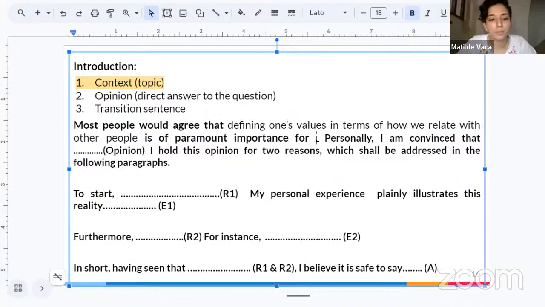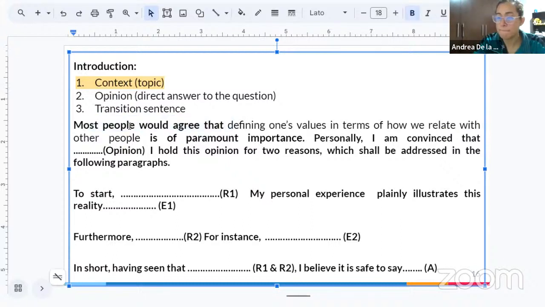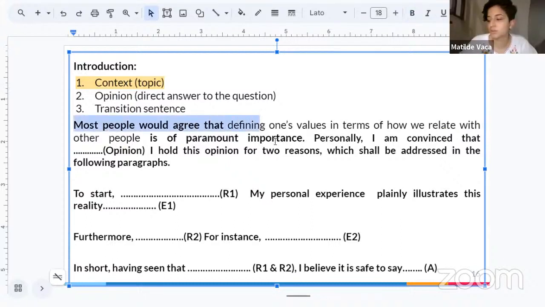Maybe just so we could leave this first sentence in a general way, but also could we go directly to the point, like saying, defining one's value in terms of how honest we are with other people, or do you suggest to keep it general at the beginning?